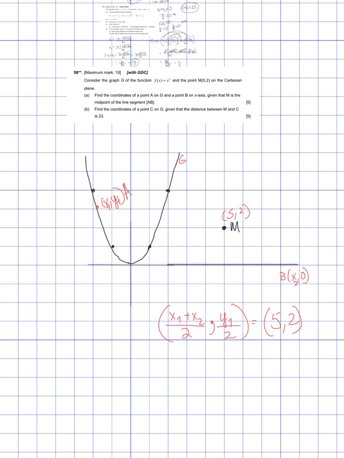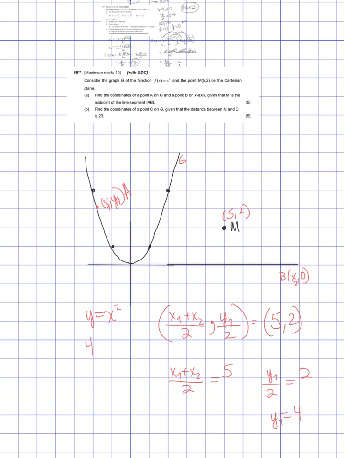Yeah, we would have x1 plus x2 over 2 equals 5, and y1 over 2 equals 2. So we can see y1 is 4. And then if y1 is 4, that is on the graph G, which is y equals x squared.